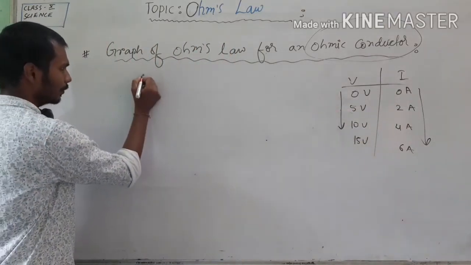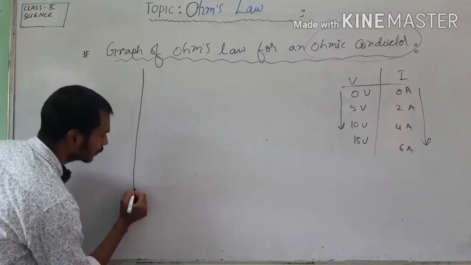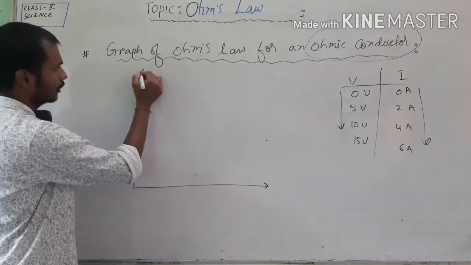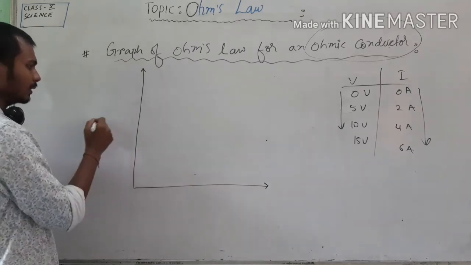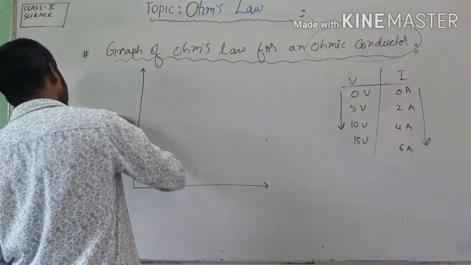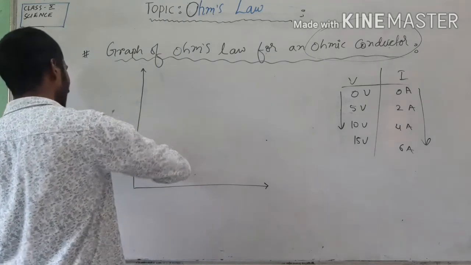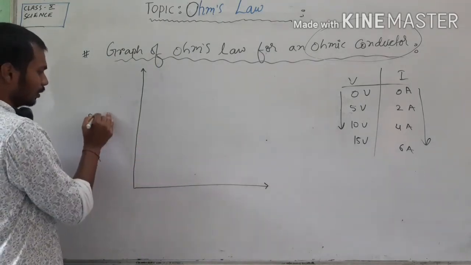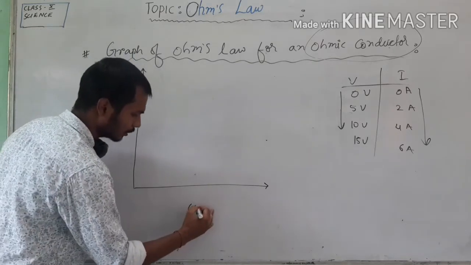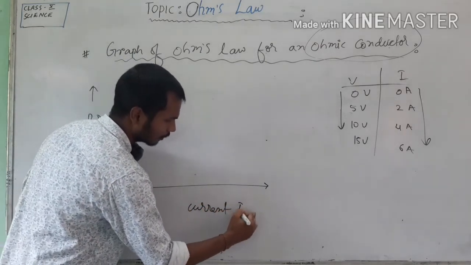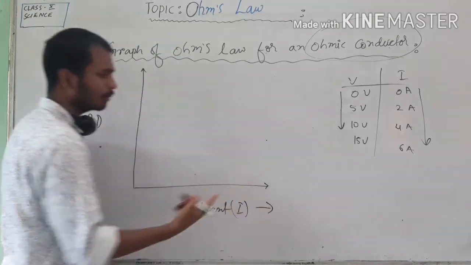First, let us consider two axes. On the y axis we will place the voltmeter reading, that is voltage, or we can say potential difference. On the x axis we will use current. Now we will draw the graph.